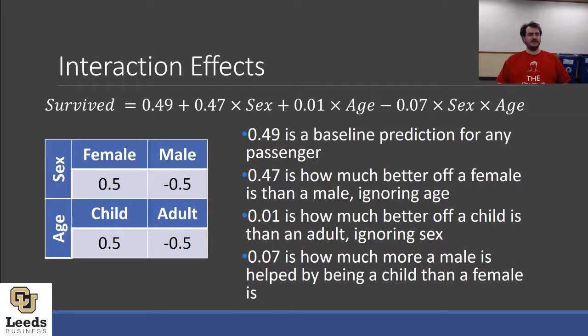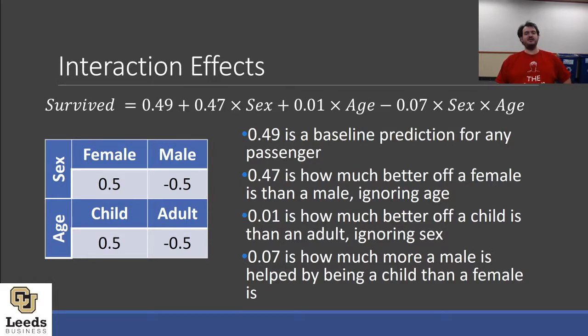Now I want to show what interaction effects would be if you had contrast coding. So in this one, we've got 0.49 as our intercept, plus 0.47 times sex, plus 0.01 times age, minus 0.07 times sex times age. Because this is contrast coded, we can have zeros that mean we're just going to ignore it.